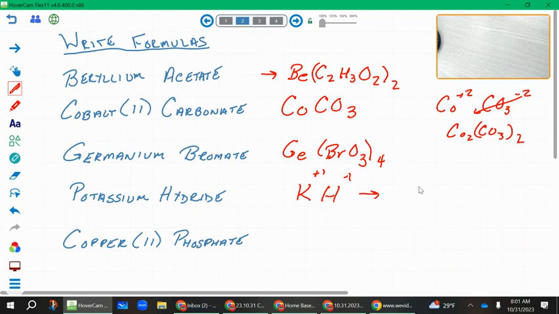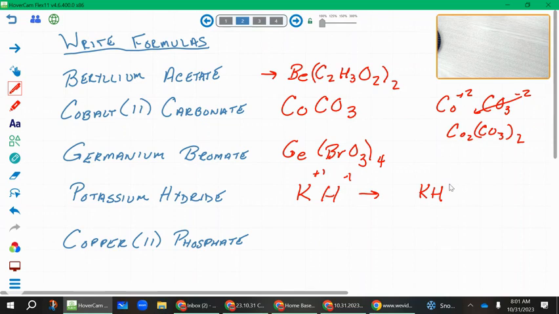KH. Okay? Got to be careful, okay? Sometimes we get into this mindset of polyatomic, polyatomic, polyatomic, and it's not a polyatomic. And hydride and hydroxide do sound very similar. We've got to be careful, okay? Questions?